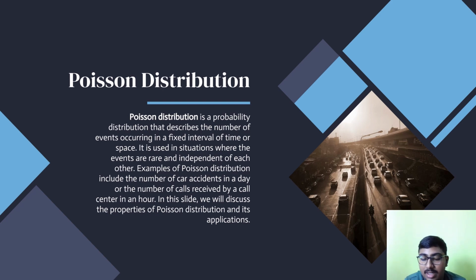You start at a particular time and end at a particular time, and count the events occurring between. So Poisson's distribution is where events occur within time limits or within spaces. I think you have understood what Poisson distribution is. Let's go on to the next slide.